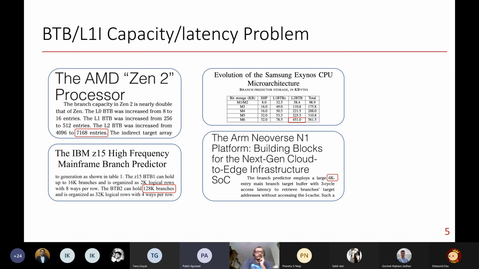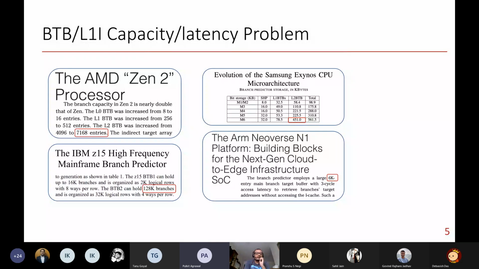If you look at the current industry trend, at least from the last few years, there are various processors from AMD, Samsung, IBM, and ARM. You'll see that the BTB entries are going up. BTBs are nothing but caches which store the target information, and even here you will find multiple levels of BTB, like multiple levels of cache.